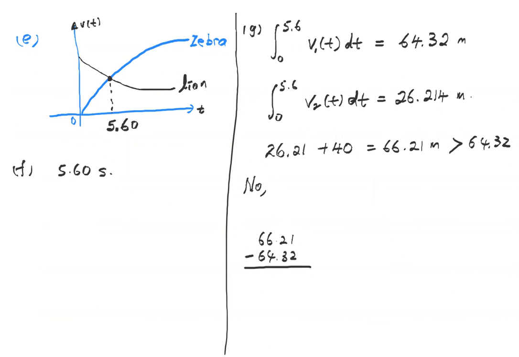Am I right? Yeah. So now the lion is 1.89 meter behind the zebra.